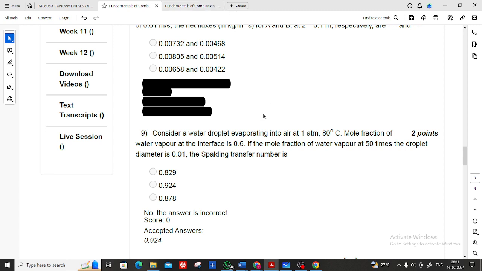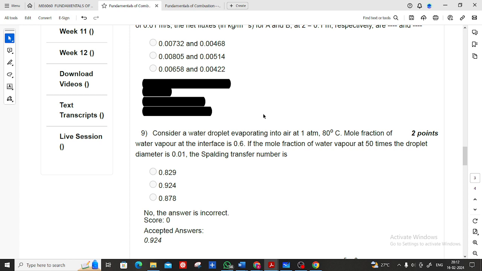Yes, sir. Actually I solved it by calculating the density at the far field and at the interface, and then I took the average, and the value that I got is similar to the value you calculated. Yeah. One thing, and second thing, even if you are calculating density at the surface, suppose that you are calculating density at the surface.